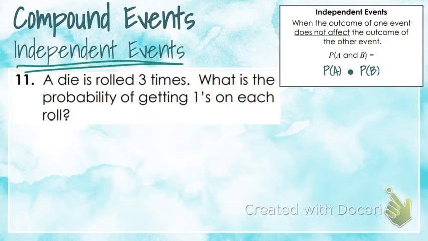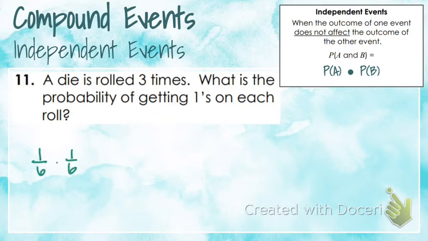And even though they're labeled by category, I still want to specify why they are independent or dependent. So we're going to roll it 3 times. So the first time, there is a 1 out of 6 chance for getting a 1. The second time, there's a 1 out of 6 chance. And the third time, there's a 1 out of 6 chance. And we just multiply those all together to get 1 over 216.